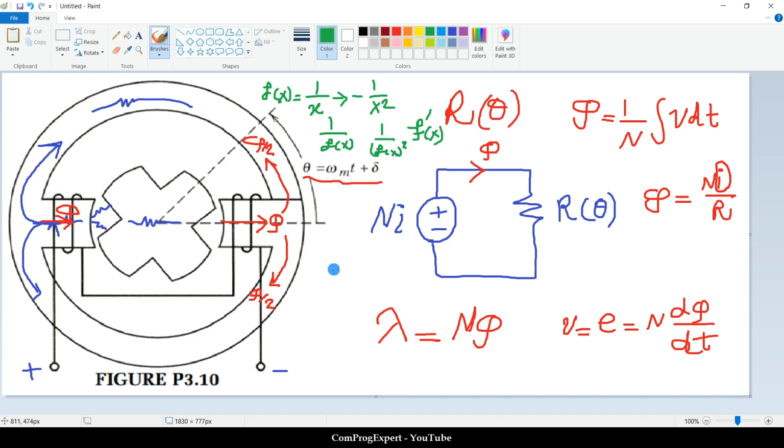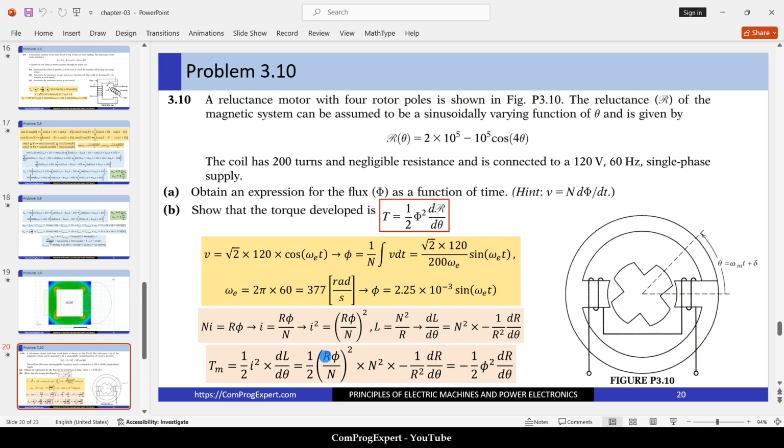We can calculate the magnetic torque as 1 divided by 2 I, the coil current, to the power 2 dL d theta if we calculate inductance. But if we know the reluctance as a function of theta, the rotor position, we can use phi to the power 2 dR d theta. Yes, an equivalent method.